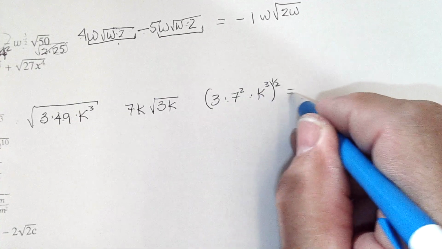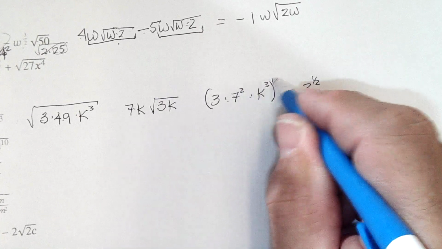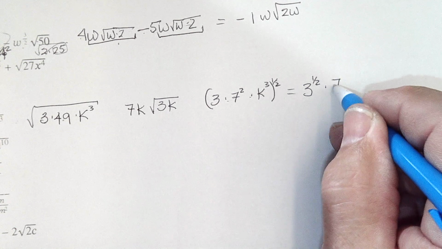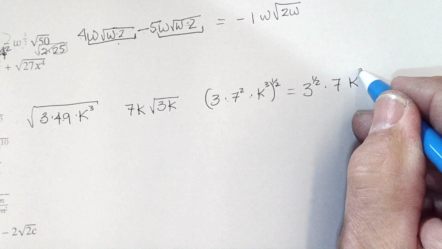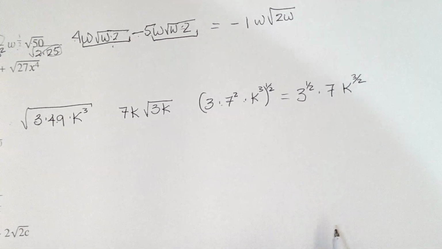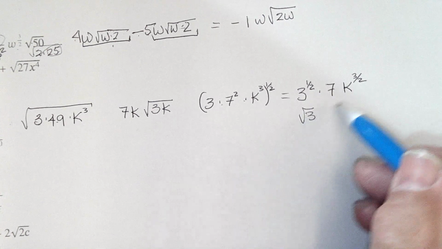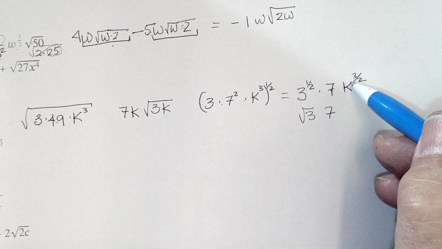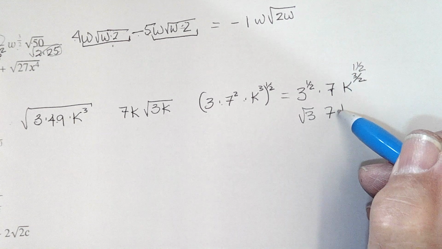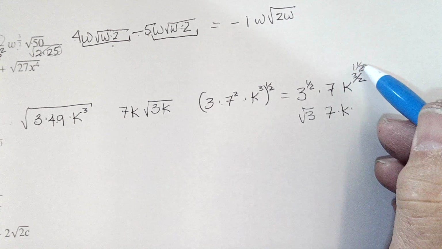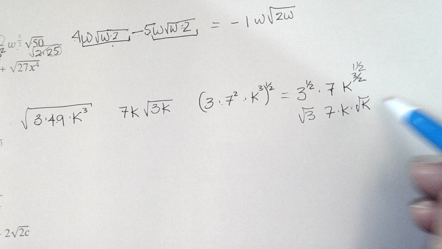So I get 3 to the 1/2, 7 to the 2 times 1/2, which is 7 to the 1, and k to the 3/2. 3 to the 1/2 is the square root of 3, a 7, and this is 1 and 1/2, so that's a k, and 1/2 is the square root of k.